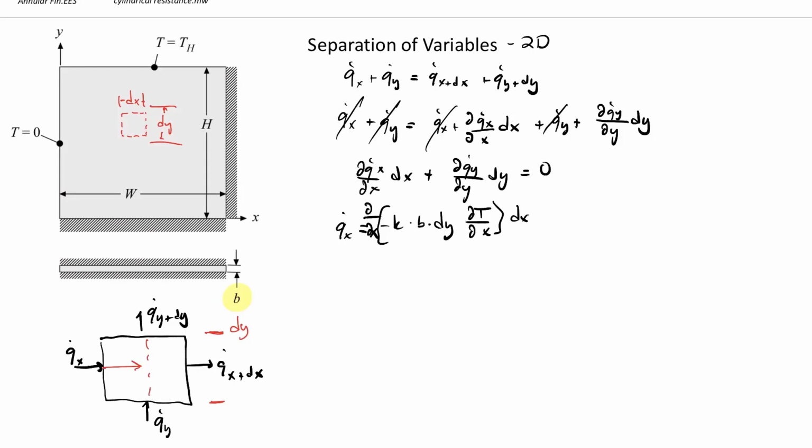So we took Fourier's law and substituted in. Okay, do the same thing for the y direction. Partial with respect to y times minus k times b times now dx, right? We have heat flowing vertically times the partial of T with respect to y times dy. Make sure I got all that right.